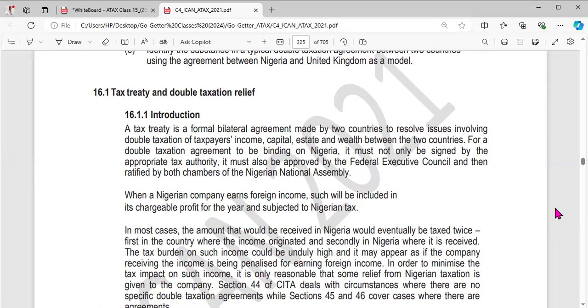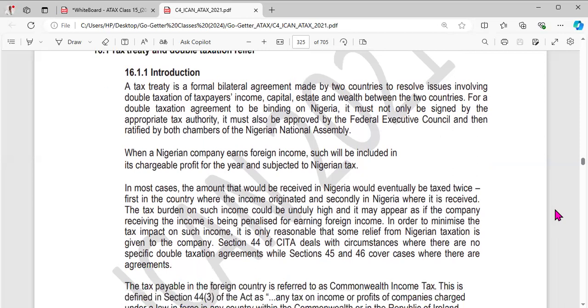And when it is received, Nigeria will now have to tax that same income. The tax burden on such income will be unduly high, and it's going to appear as if the company is being penalized somehow because it is earning foreign income. So why would we be penalizing a company that is earning foreign income by charging it tax twice?